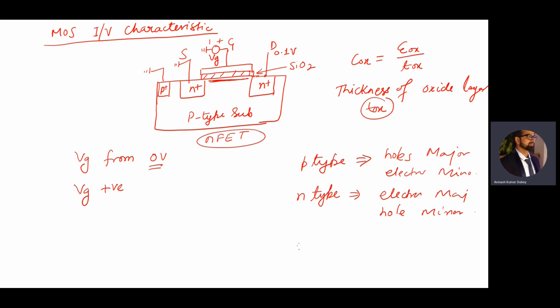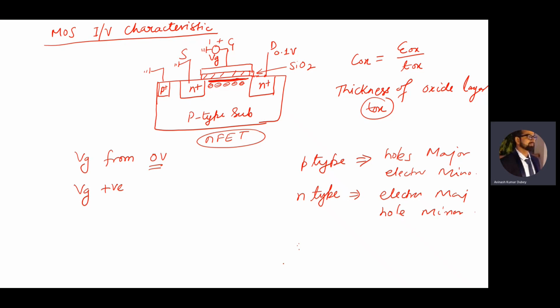So when you apply the positive gate voltage, the holes near the gate terminal are repelled from the gate area, and therefore negative ions appear here. When a hole is repelled from this area, a negative ion appears in this region. Understood?